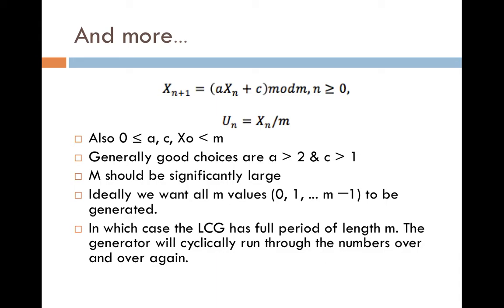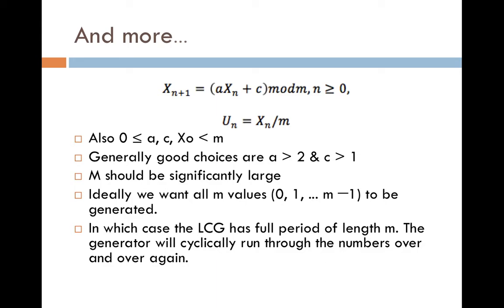Similarly, when c is 1 or 0, then the incrementer is negligible and we have repeating patterns very quickly. So m should be significantly large, a should be greater than 2, c should be greater than 1. And ideally, we want all the values between 0 and our modular m minus 1 to be generated.